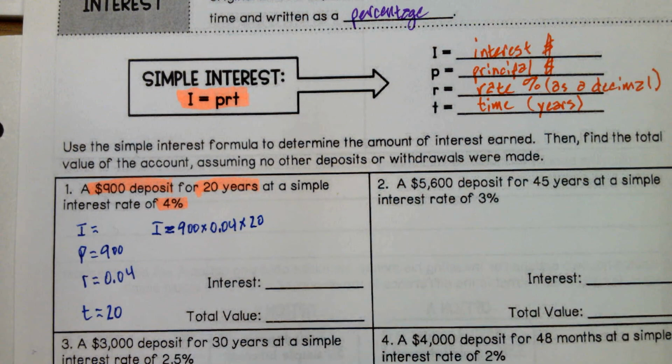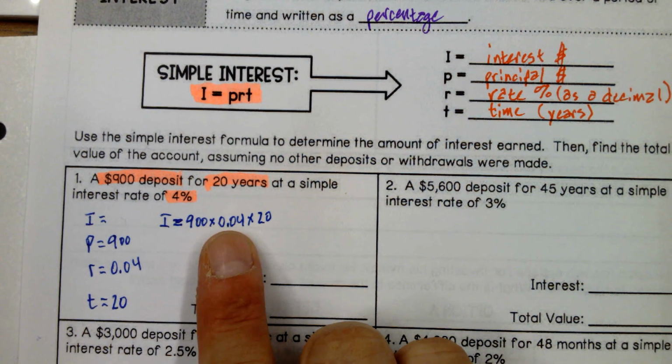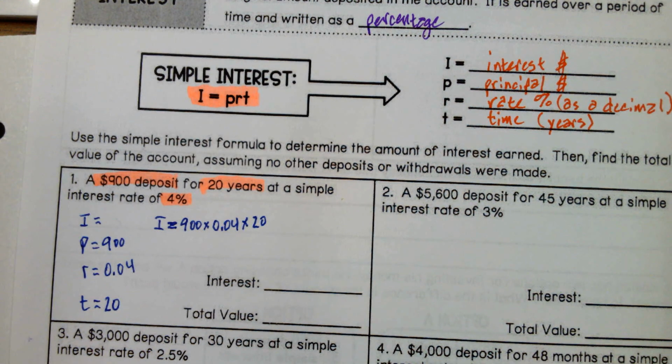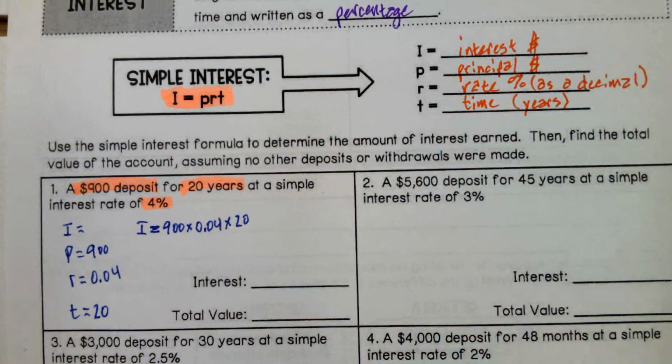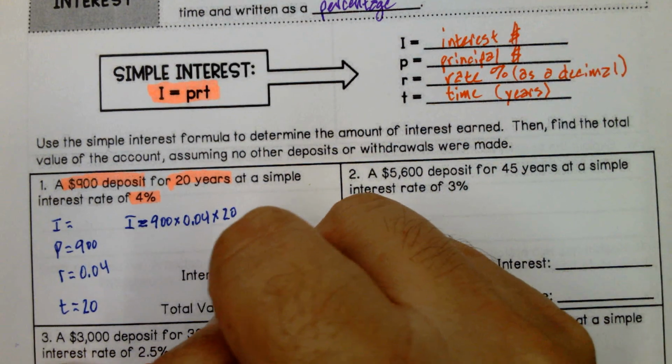All right, so let's go ahead on your calculator, multiply 900 times 0.04 times 20. No, we just want the interest right now. $720.